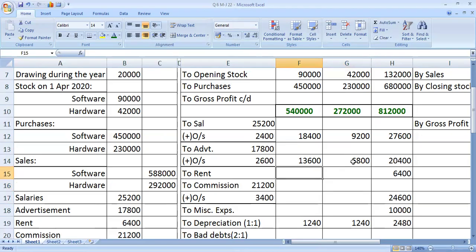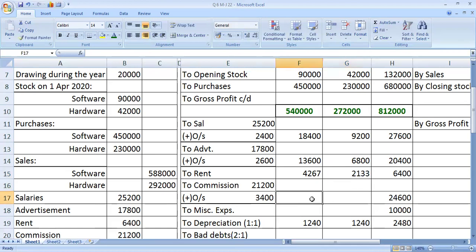Rent also distribute in the same ratio. The amount given for software is 4,266, it means round up 4,267. 6,400 minus 4,267 is 2,133.